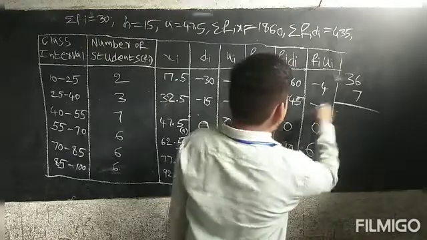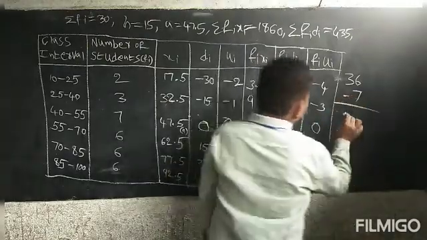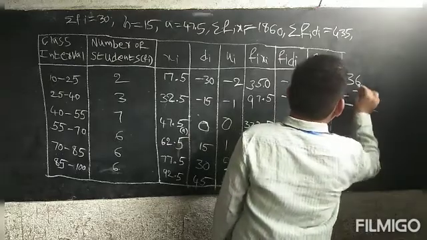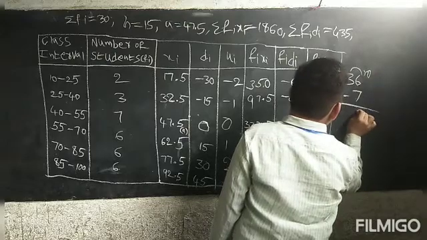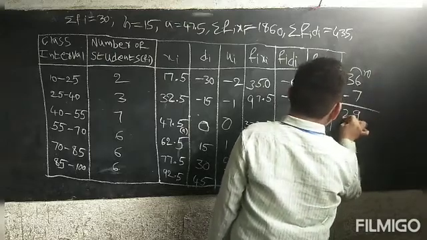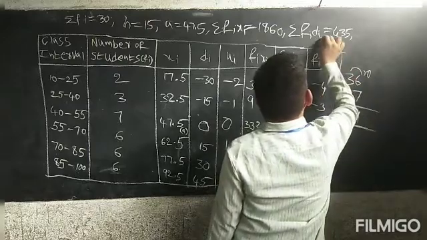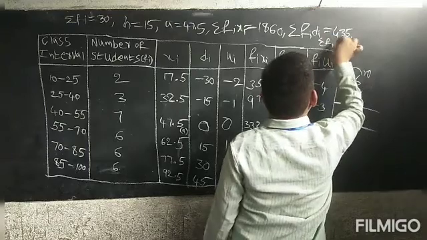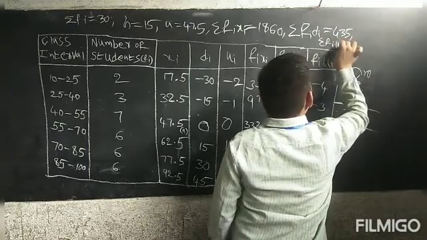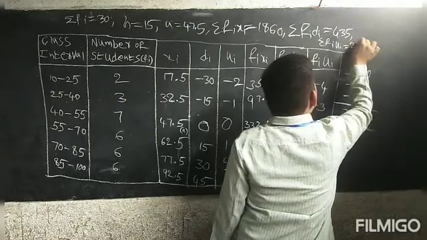Okay, now 36 minus how much? The value is 29. So sigma fi equals 29.